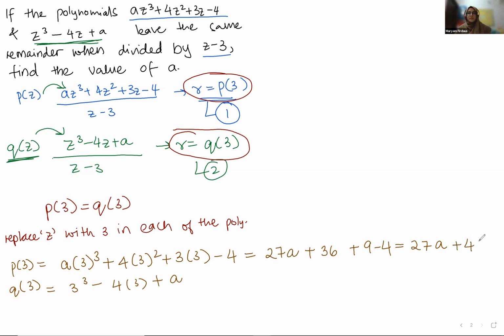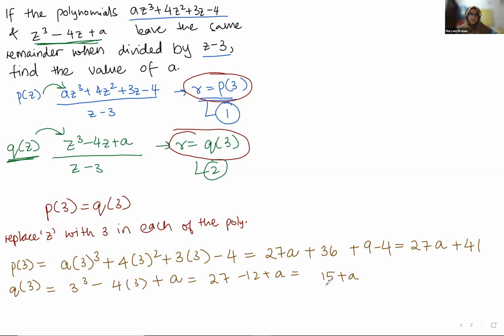Plus 41. Is that right? Yes, ma'am. Okay. The Q of 3 is 27 minus 12 plus A. And what is that? 15 plus A. Is that it?